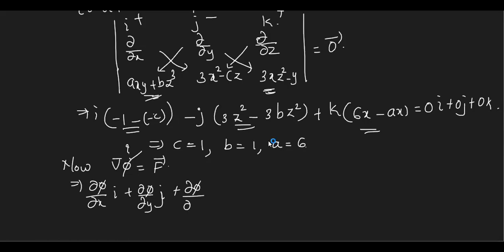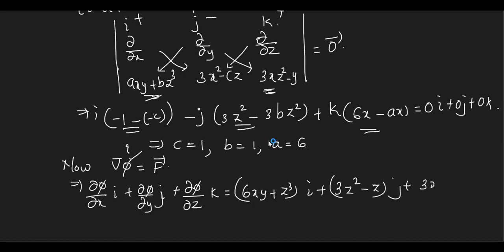Substitute the a, b, c values: a is 6, so 6xy plus z cube, b is 1, so 3z square minus z, c is 1, so 3xz square minus y into k.